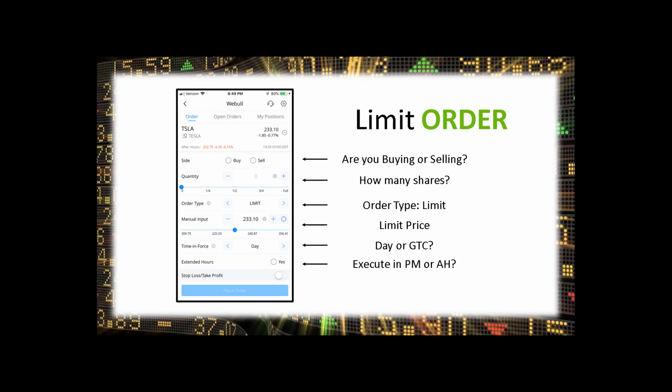If you wanted this to be a long-term order, up to 60 days, you would definitely want to select pre-market or after hours. And then finally, you would place the order. So that is how you operate a limit order in Webull.